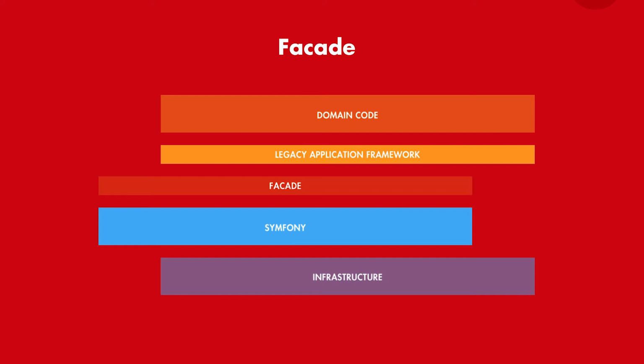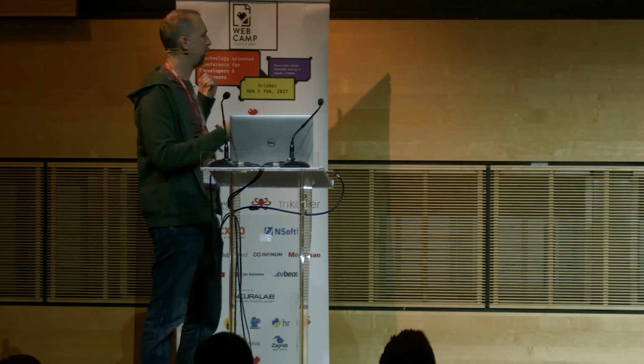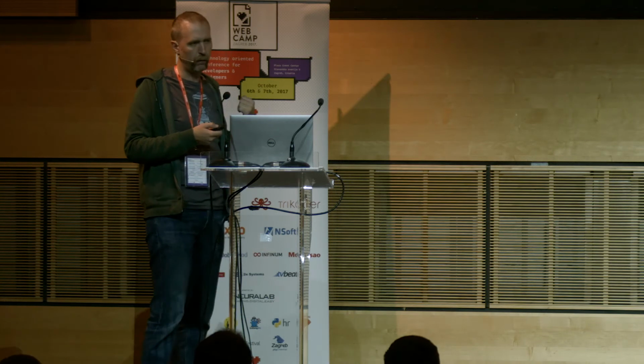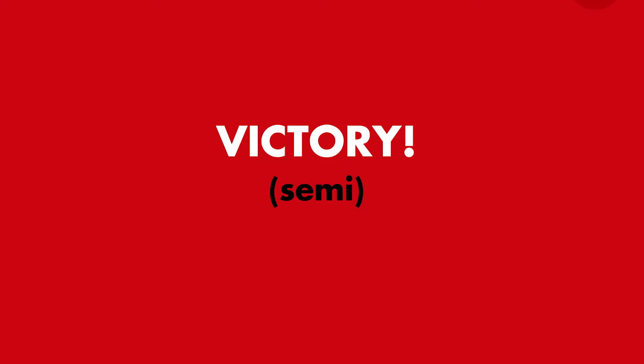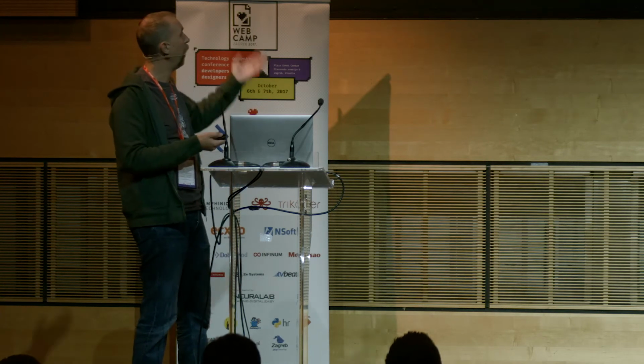So all the actual work was being done by Symfony, and our application still thought it's talking to a legacy framework. So that was the approach that really worked, and it was made possible both by class aliases and especially by Symfony's ability to decorate its services very easily.